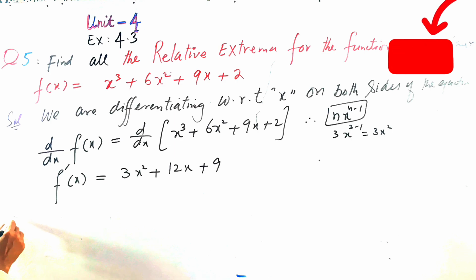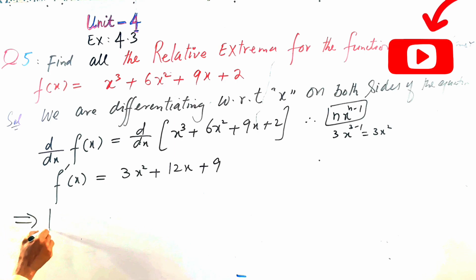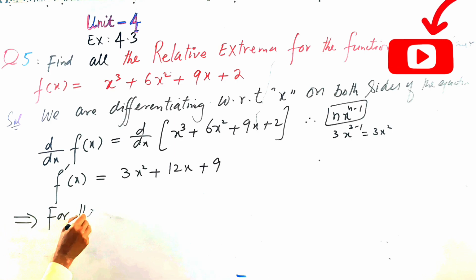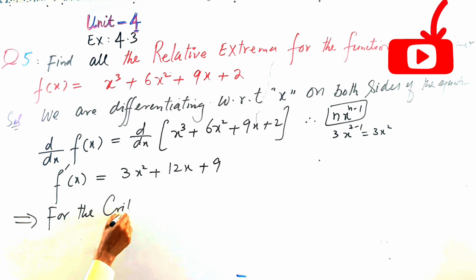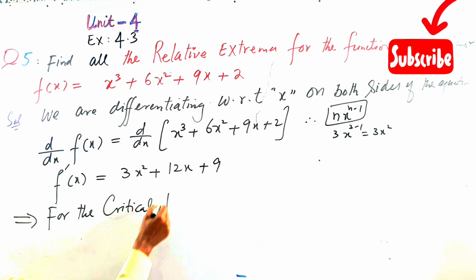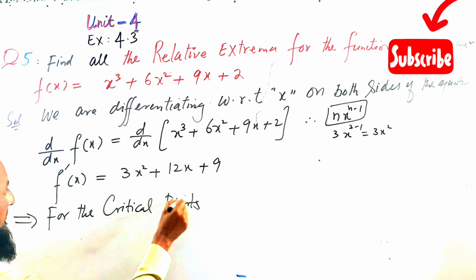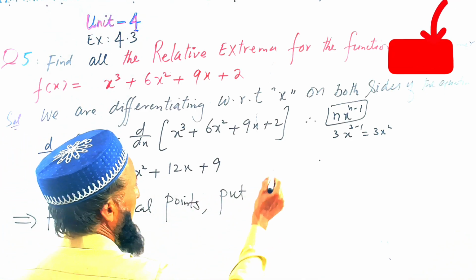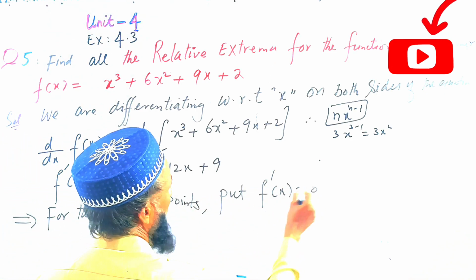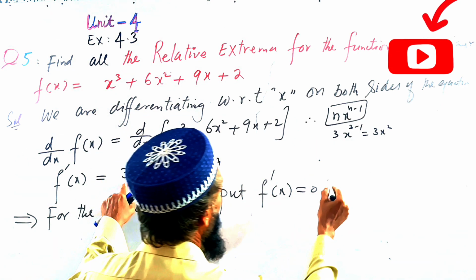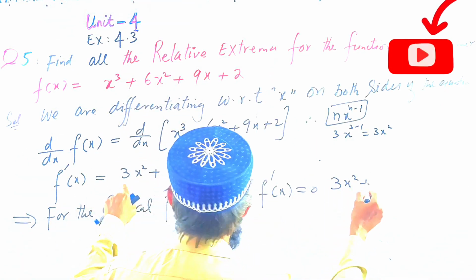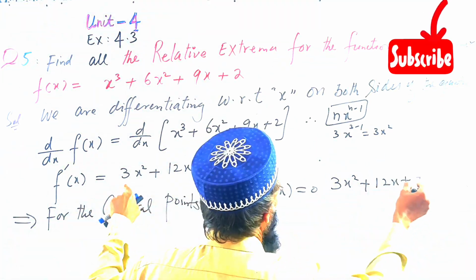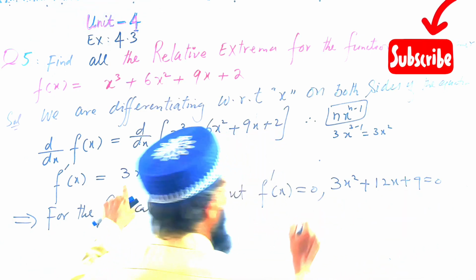Now for the critical points, we put f'(x) = 0. So 3x² + 12x + 9 = 0.